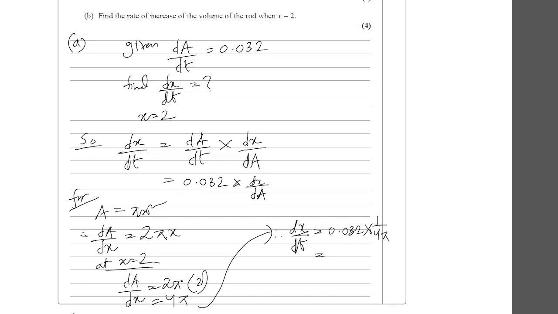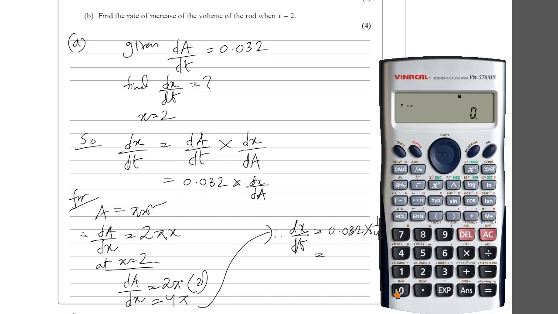So let's use the calculator. 0.032 divided by, let me give a bracket, 4 pi. This is going to be 2.5 into 10 to the power minus 3. This is standard form. We can change this by shift and this button.